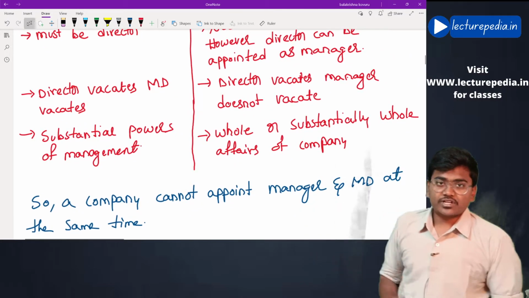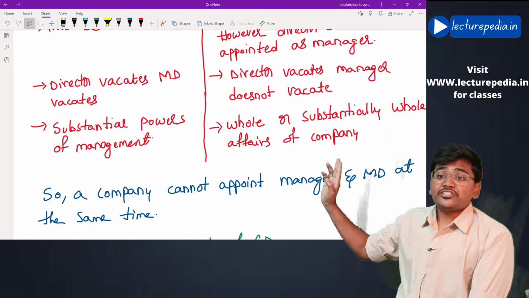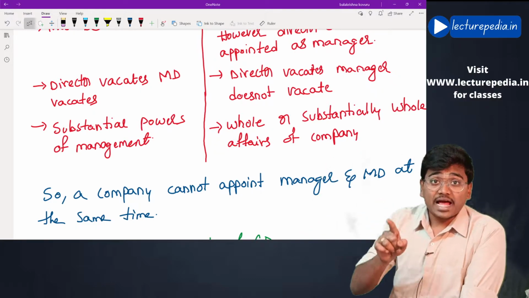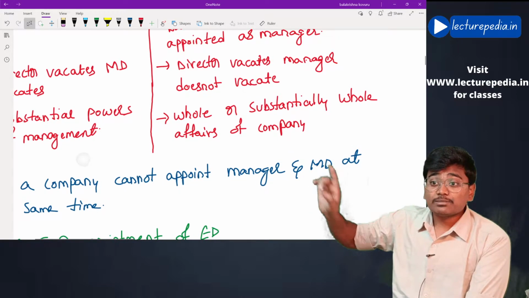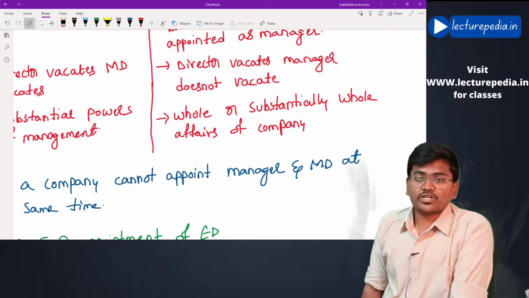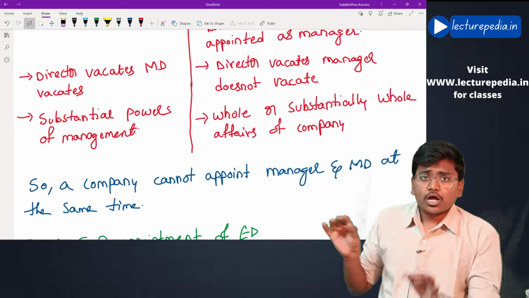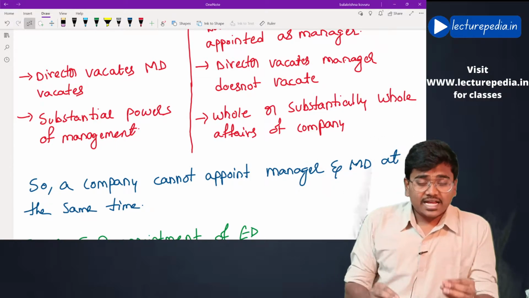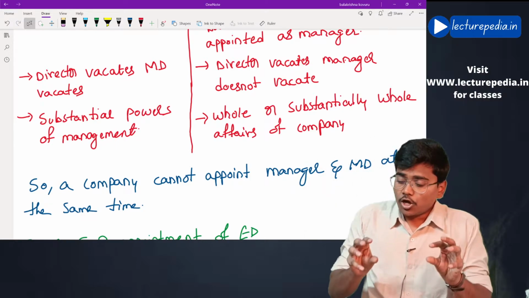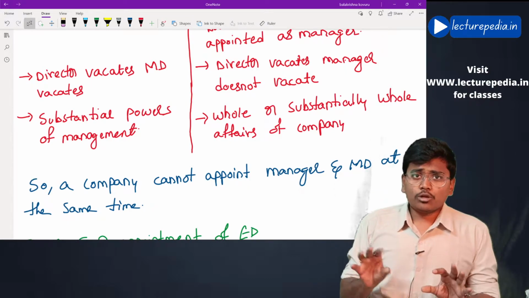And the third difference is managing director will be having substantial powers of management, whereas manager will be having whole or substantially the whole of the affairs of the company. That means if you see, both these people are almost having same powers. Okay, both manager and managing director are having the same powers for managing the affairs of the company, almost same.